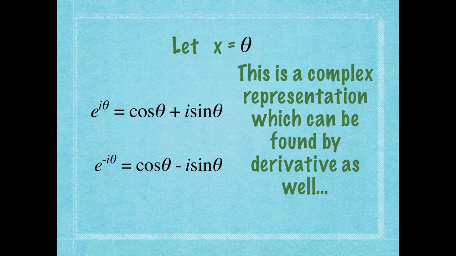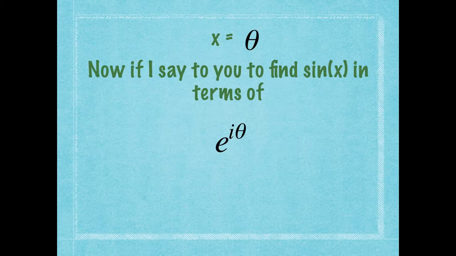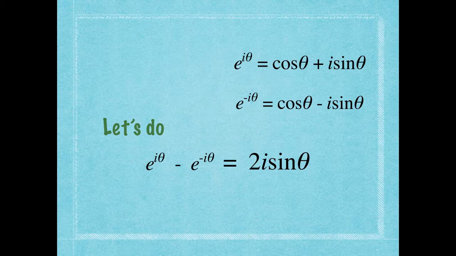Okay, so I hope that you have tried this out. Now let's do some algebraic calculations, okay? As we know, e to the power i theta is equal to cos theta plus i sin theta, and e to the power minus i theta is equal to cos theta minus i sin theta.